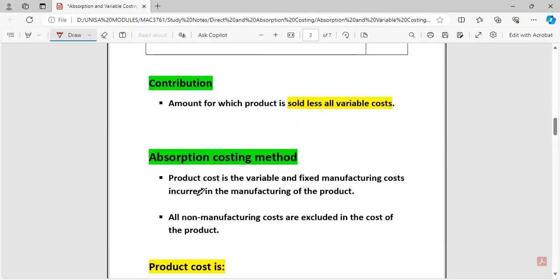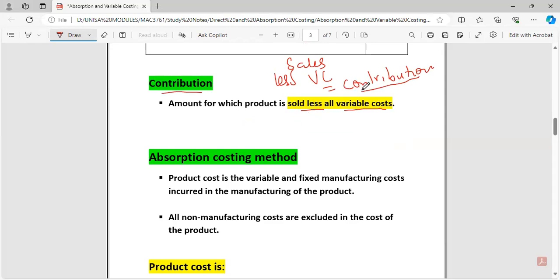Then we've already talked about contribution. Contribution is the amount of product sold less the variable cost. So that is going to be our contribution, which means our sales less variable cost will give you contribution. You will see that we will use this contribution in most of the chapters.